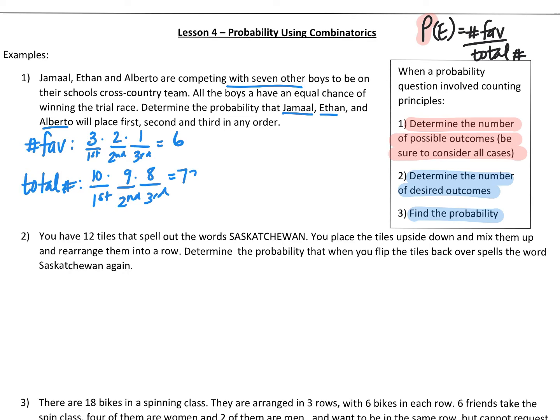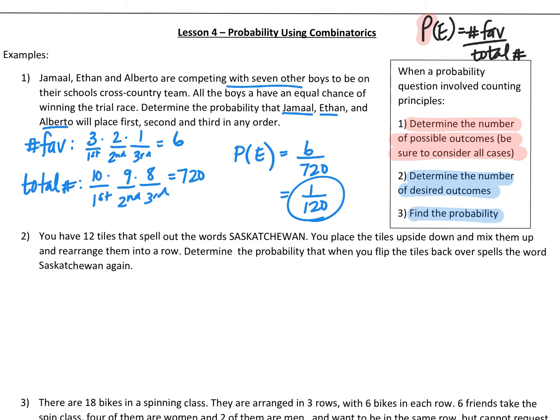So that becomes 720. Okay, so the probability of my event happening, which is Alberto, Jamal, and Ethan winning, is 6 out of 720, which reduces to 1 out of 120.